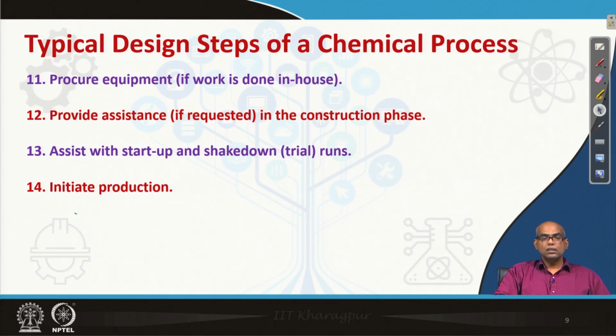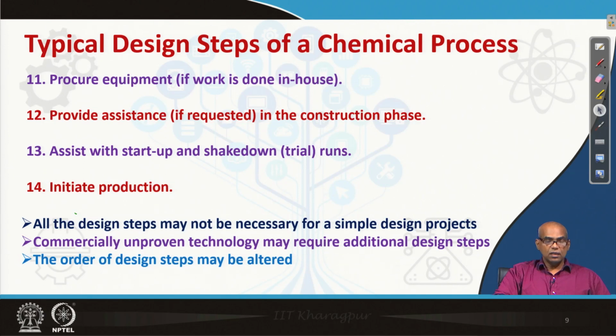So, these are all typical design steps of a chemical process, but it is not necessary that all the design steps will be there for any design process, particularly for a simple design project. For a simple design project, all the design steps may not be necessary.